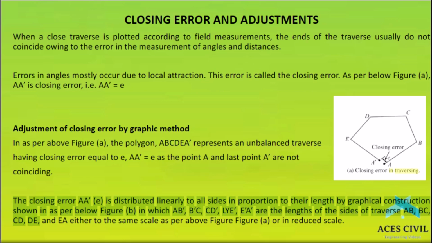as per below figure B, in which AB, BC, CD, DE, EA are the lengths of the sides of traverse AB, BC, CD, DE, and EA either to the same scale as per above figure A, or in reduced scale.